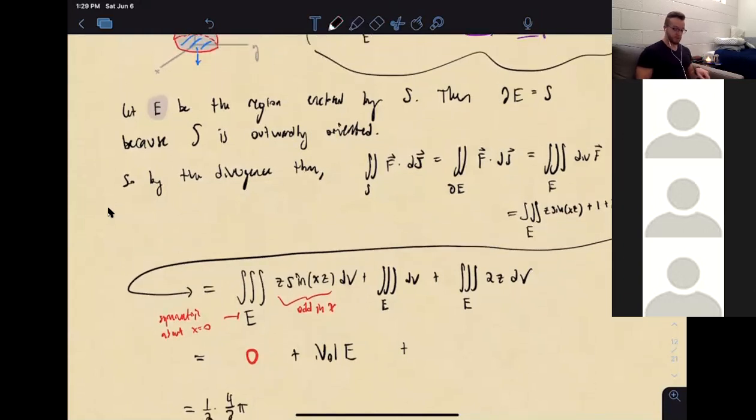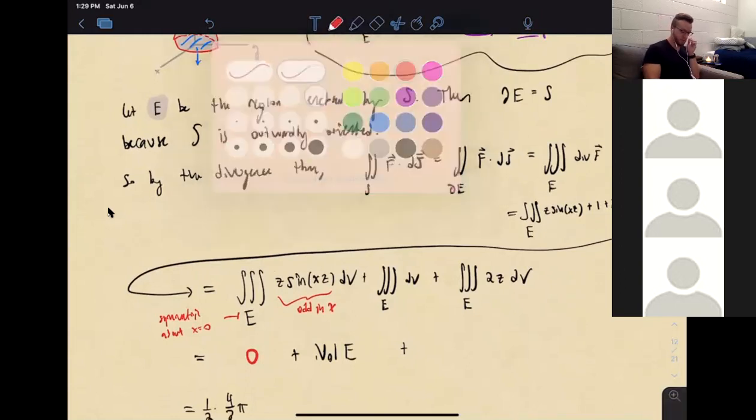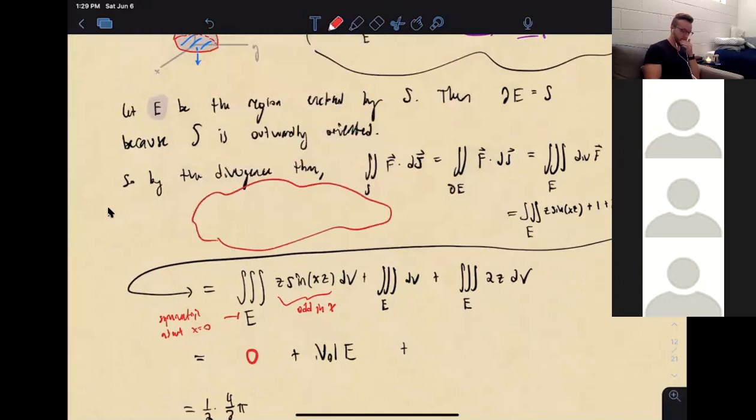I got a private question, which was, how do I know this integrand is odd? Let me do that explicitly. If I plug in negative x for x, because sine is an odd function, I can pull that negative sign out front.